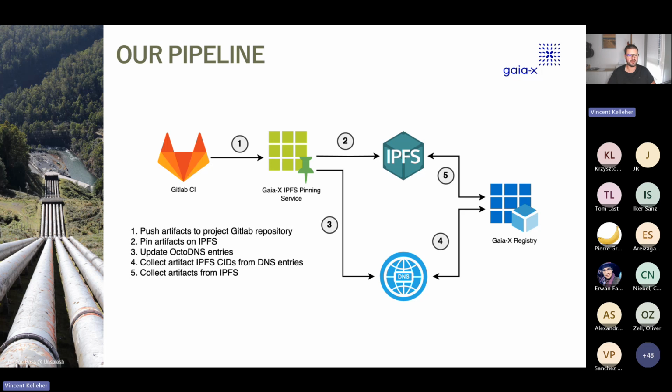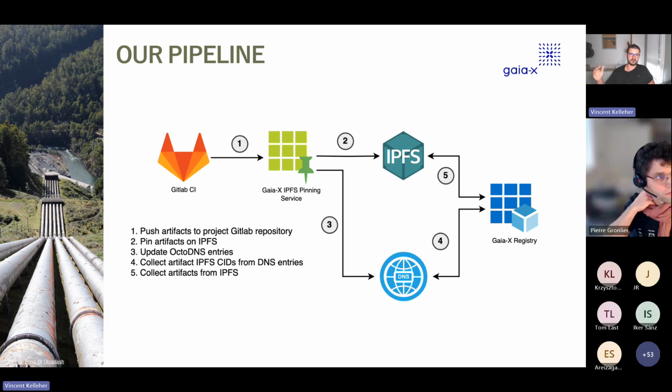Each time that runs, it's going to generate the artifacts and push all these artifacts to the Gaia X IPFS pinning service GitLab repository. There's going to be a deployment of that pinning service, and the pinning service is going to run with a specific schedule.